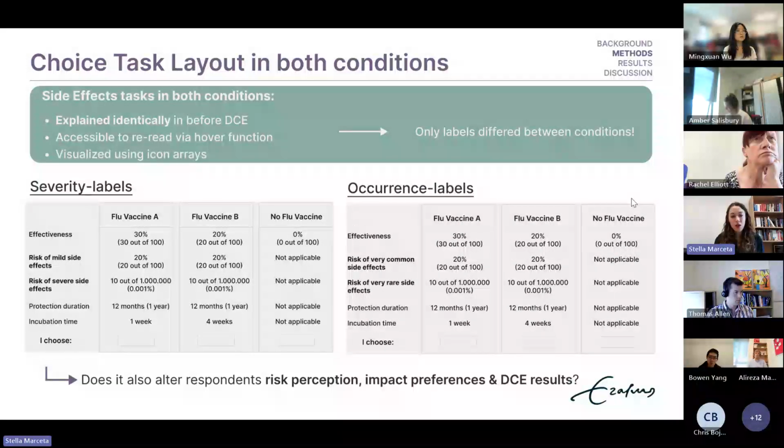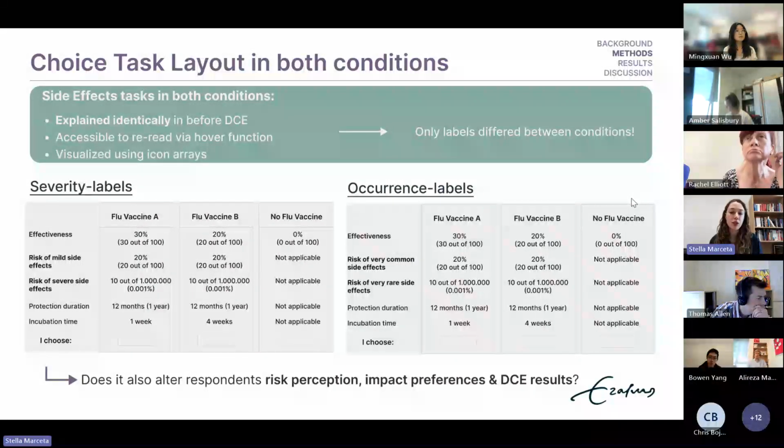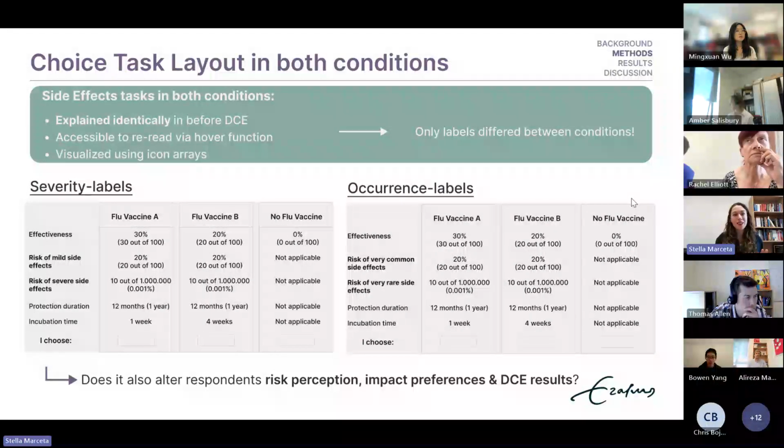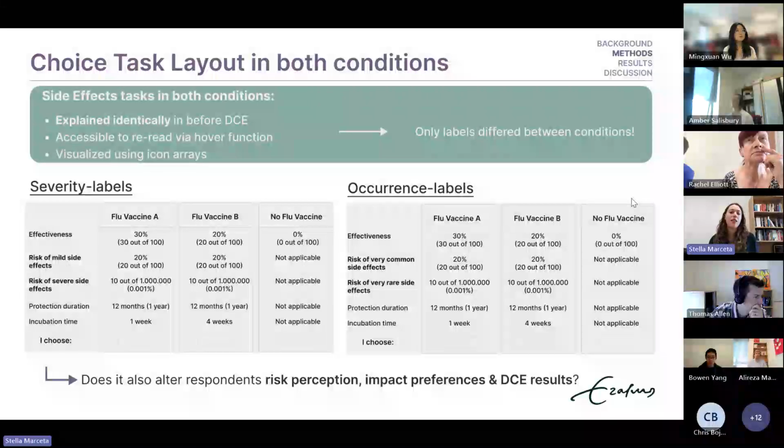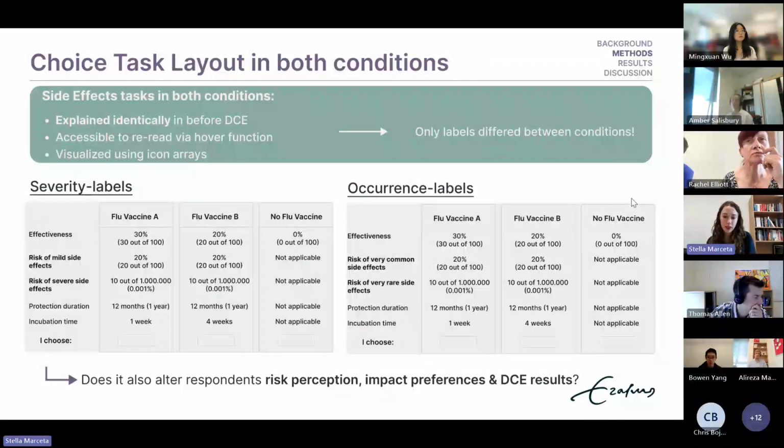If they hovered their mouse over the risk of side effects, they would see a list of what is included. We also visualized the risks using icon arrays identically in both conditions. So only the labels, which I highlighted below in bold, differed between these two conditions. I'll call them from now on the severity labels condition and the occurrence label condition.